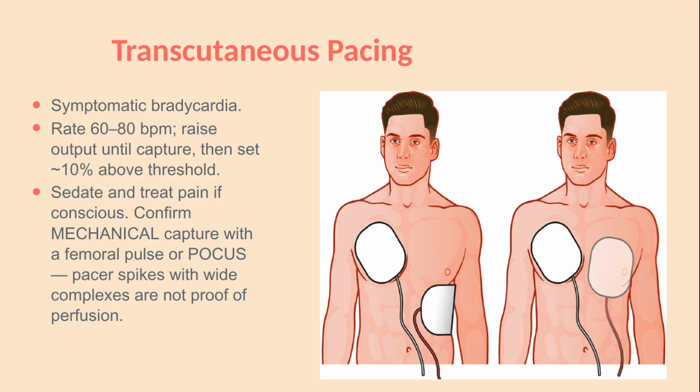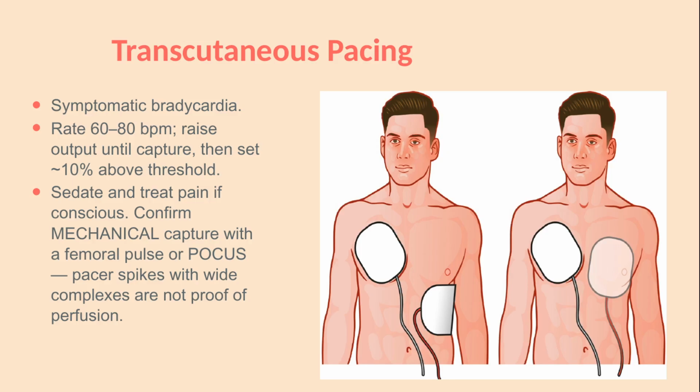Then prove mechanical capture. Palpate the femoral pulse or use the ultrasound, because muscle twitching and monitor artifact routinely masquerade as success, while the patient quietly remains in shock. Set the final output modestly above the capture threshold to hold reliability. In the conscious patient, provide analgesia and sedation, titrated carefully in someone who is already hypotensive.